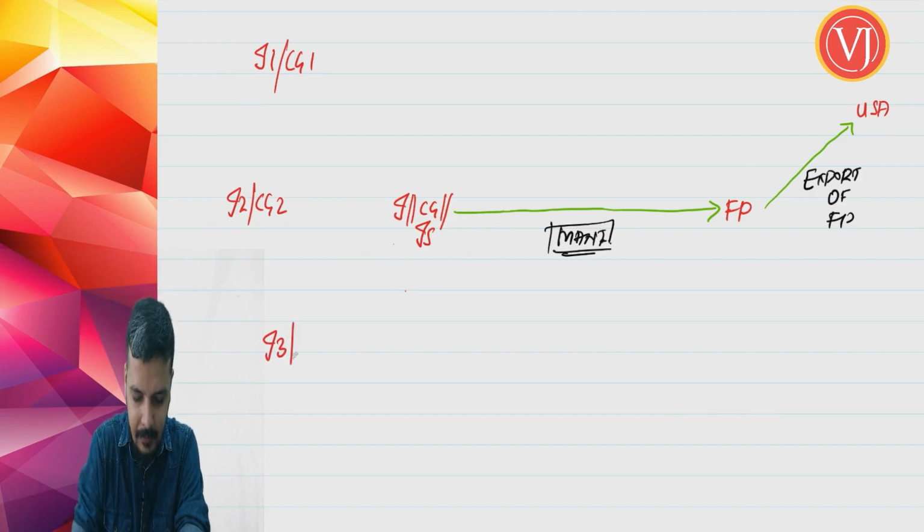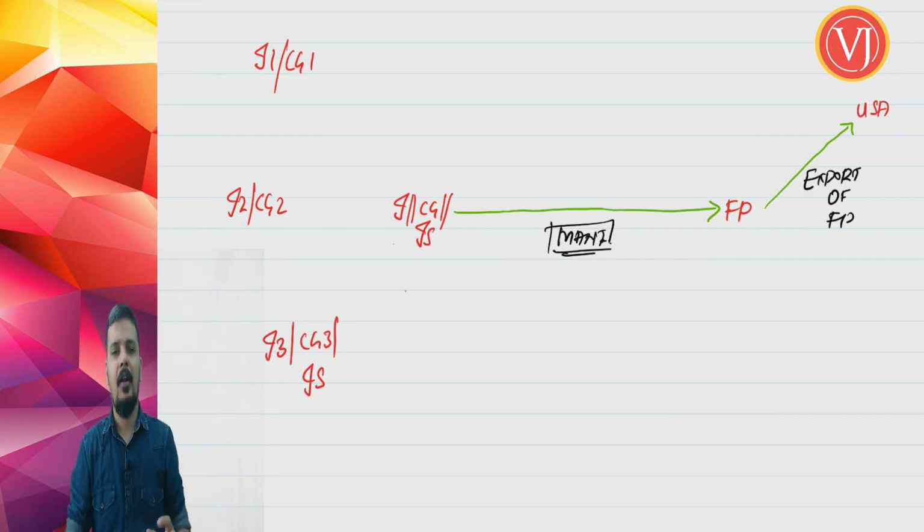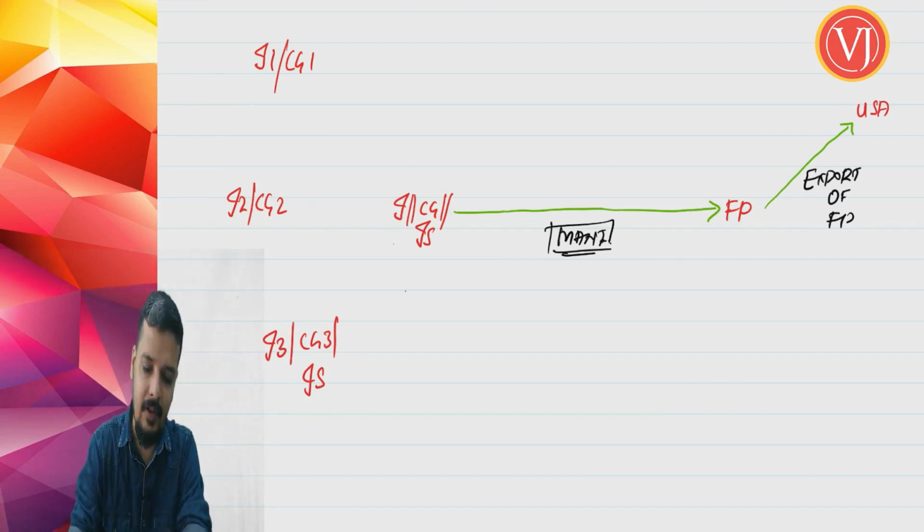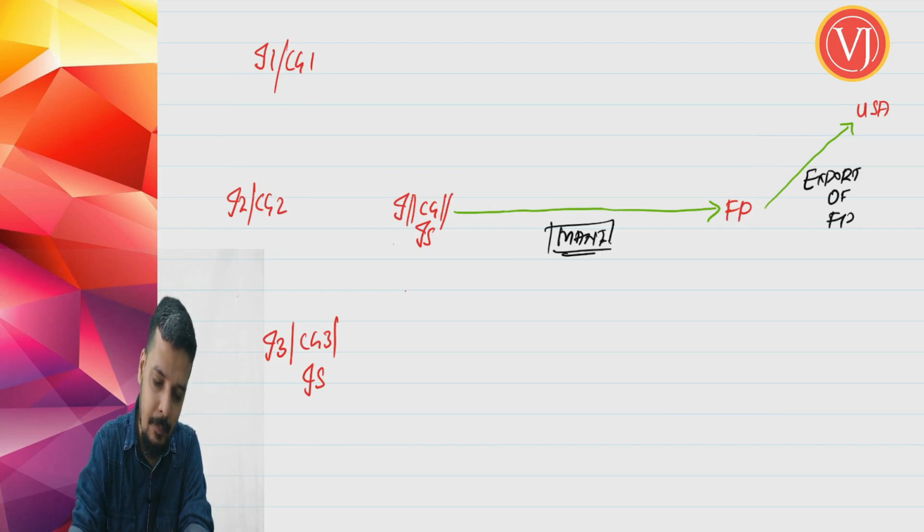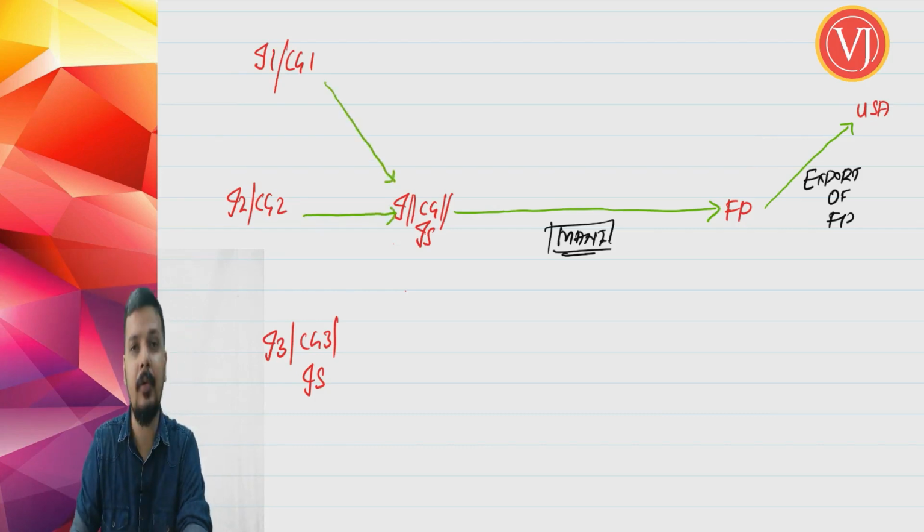Inputs 3, capital goods 3, and all your input services. I am taking even input services, whether from India or outside India. Input services can be from India or outside India. They have suffered GST. So when you talk about your inputs 1 and capital goods 1, it is import. Inputs 2 and capital goods 2, it is import. Inputs 3 and capital goods 3.